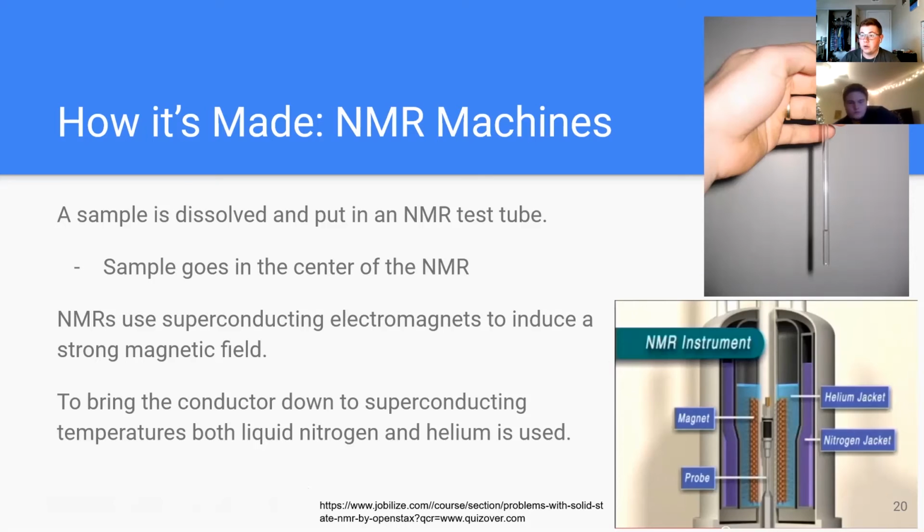And then for the really cold inner core, you use the liquid helium, to reduce cost and ease testing. And so the superconducting electromagnets start superconduction so we can have these really powerful magnetic fields.